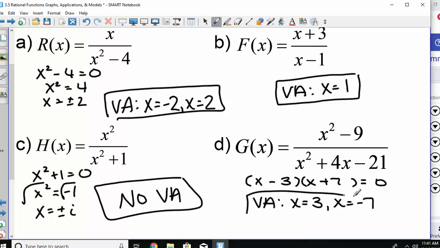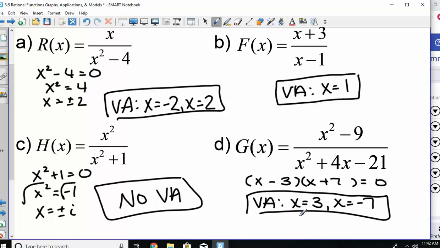So it is possible to have multiple vertical asymptotes in a graph. So far, so good?